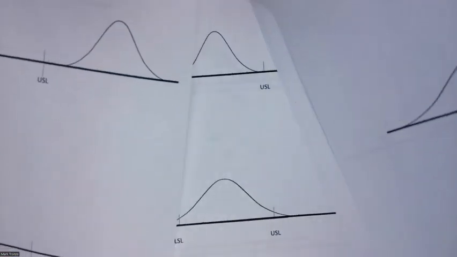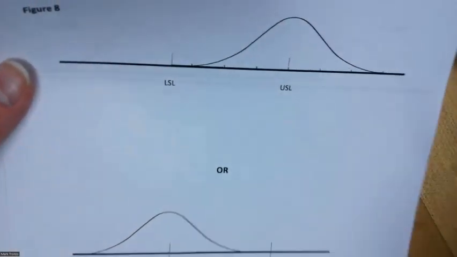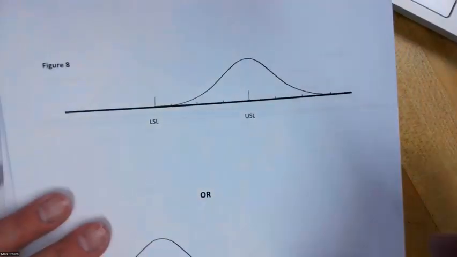So it's not that. Same thing for 7, CPK would have to be negative. 8, CPK would have been negative.